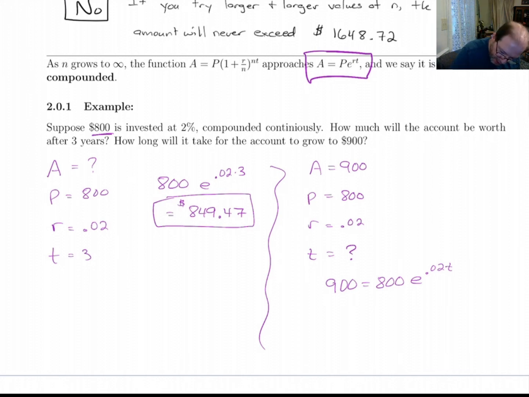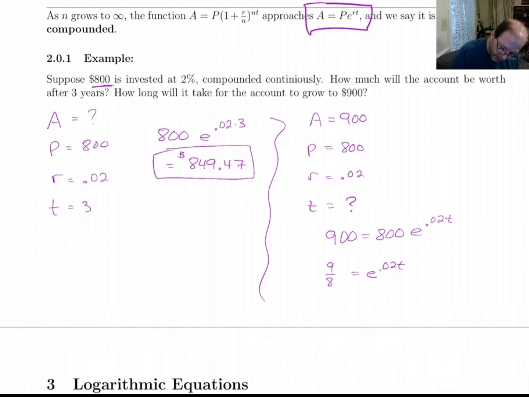So divide by 800, you get 9/8. So you get ln of 9/8 equals 0.02t. On my calculator, ln of 9/8, and then I'm just going to divide by 0.02, same as multiply by 50. It gives me t equals 5.889 years.